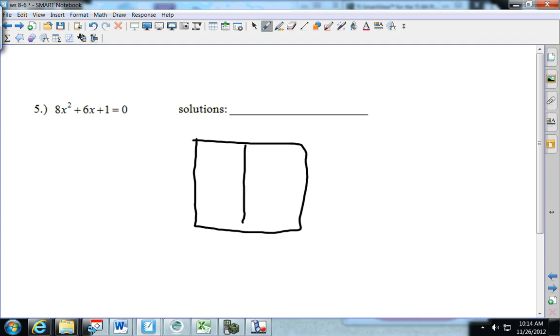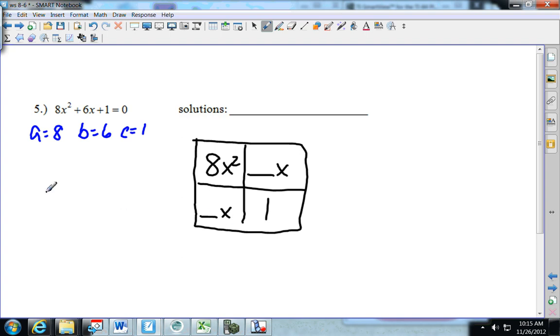And in the upper left-hand corner is 8x squared. Bottom right is 1. Something x, something x. A is 8. B is 6. C is 1. A times C, 8 times 1 is 8.